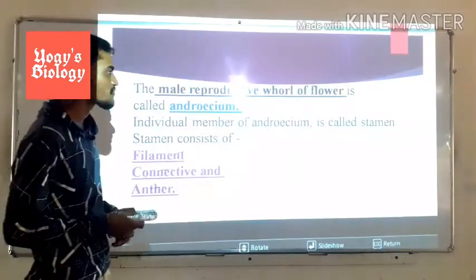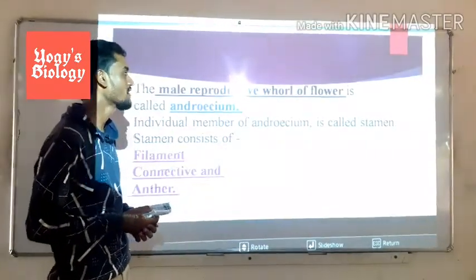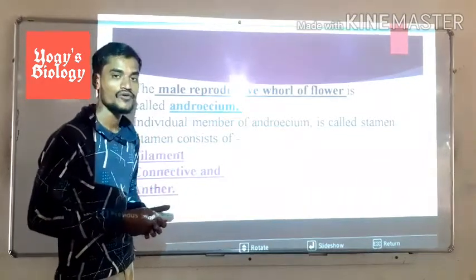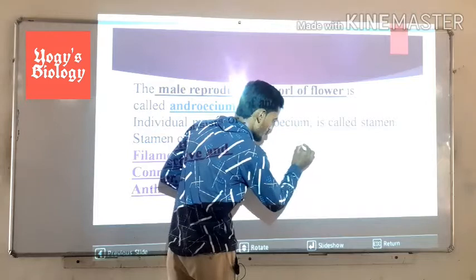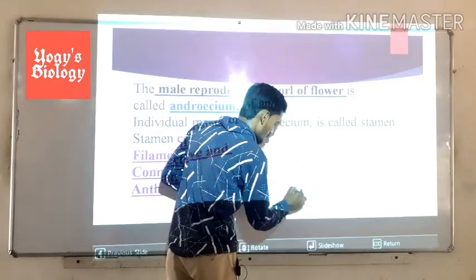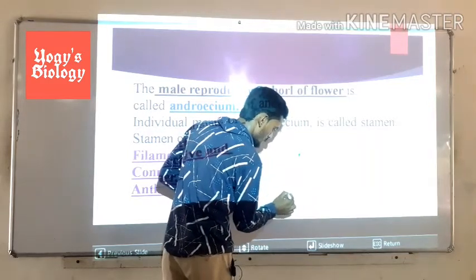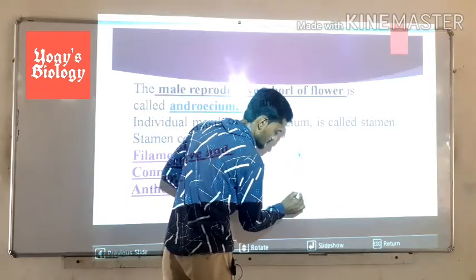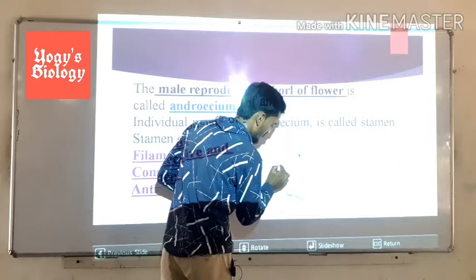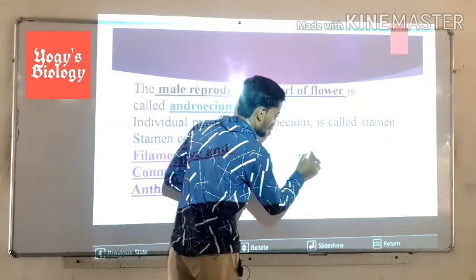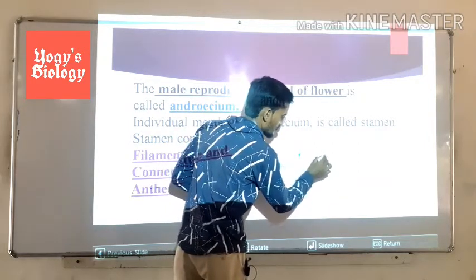The male reproductive whorl of the flower is called the androecium, consisting of connective, filament and anther.